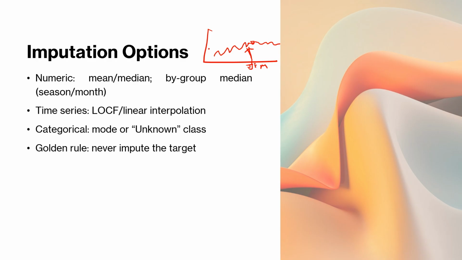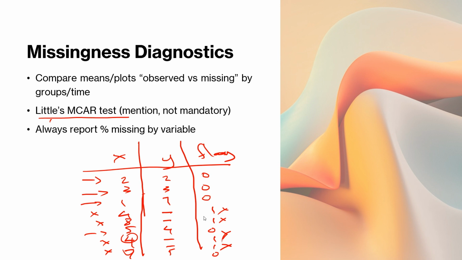If you are filling in missing values for the target, like y in this example, you are essentially providing the model with the answers that it should be learning to find on its own. You are teaching the model things that it should be able to do on its own.